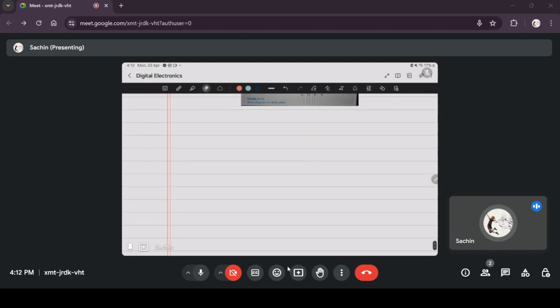So what you can do now is have a quad 2:1 multiplexer.